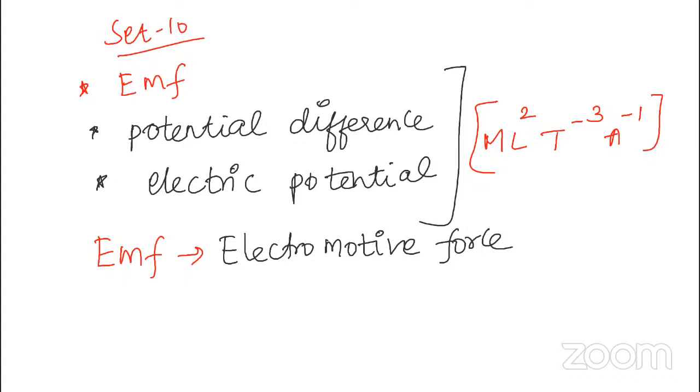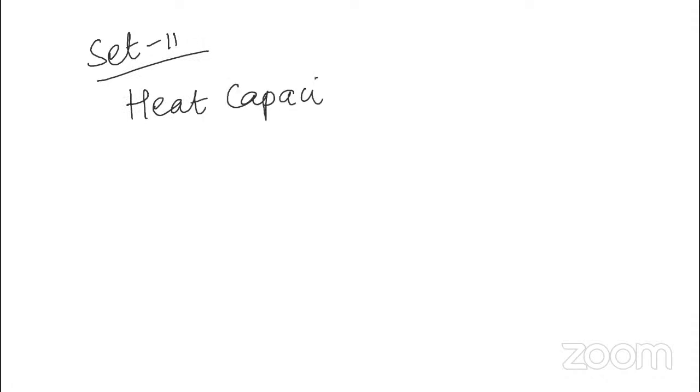Okay, children. Next, set 11, the last one. That is heat capacity or Boltzmann constant.